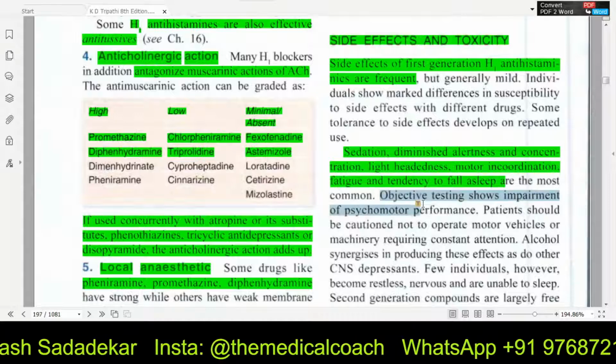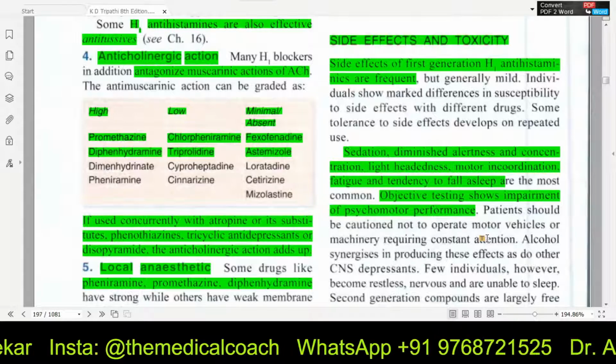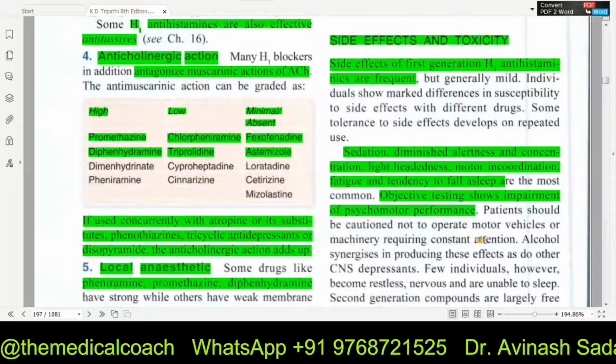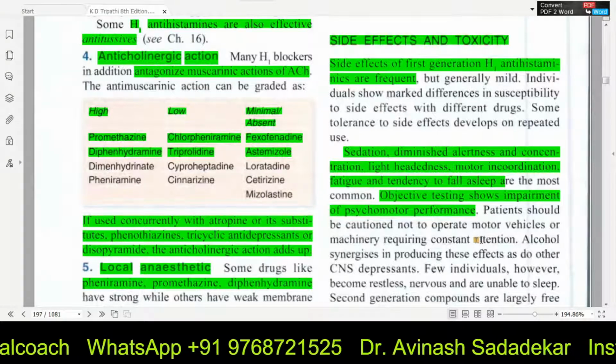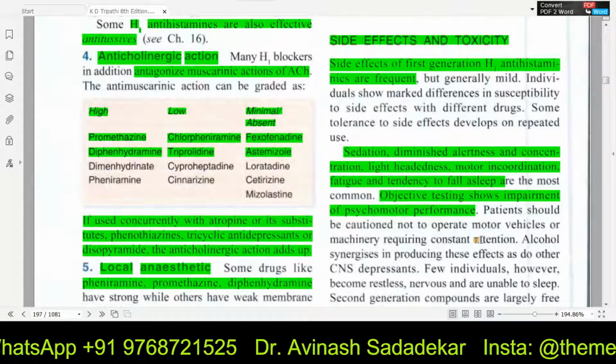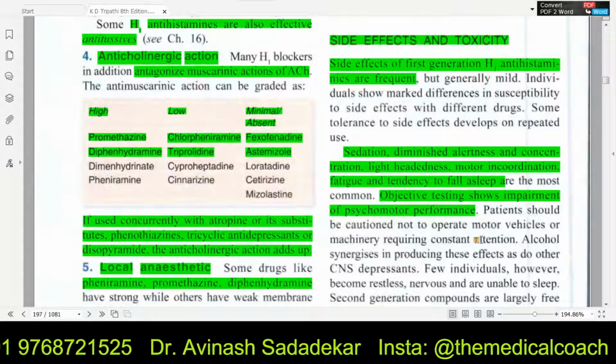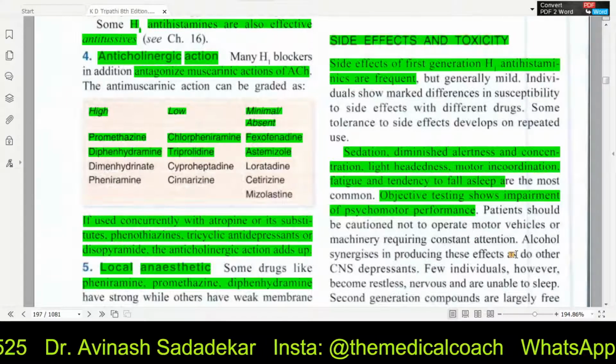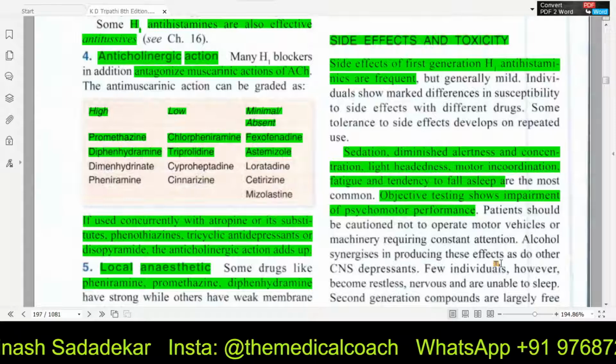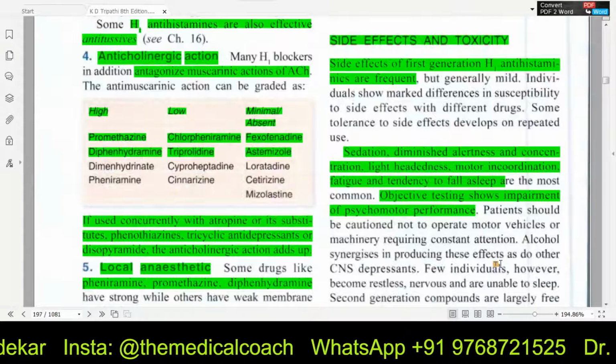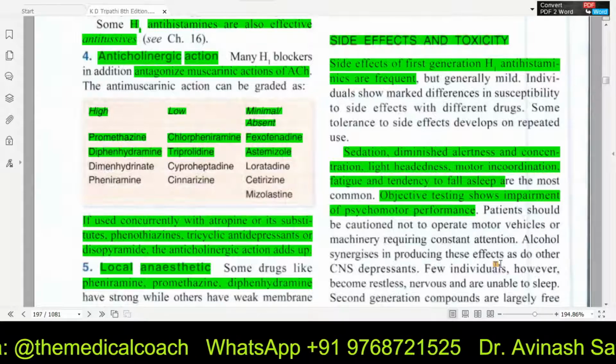There is impairment of psychomotor performance, which means the thinking part is also affected. The patient can't even think clearly, and hence you should warn the patient taking first generation H1 antihistaminics: please don't operate heavy machinery, don't use vehicles, otherwise you might just harm yourself and others.